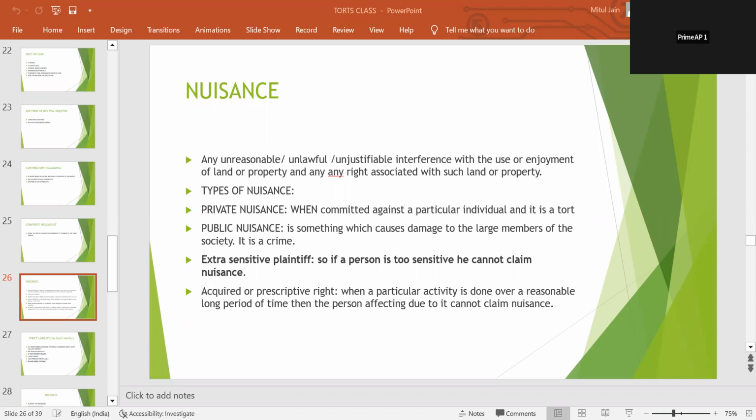Unreasonable, unlawful, or unjustifiable, right? None of the three are fulfilled. So it is obvious that cooking food, even though it may be very smelly, and you may have some sort of issue with it, still it would not be considered as nuisance.